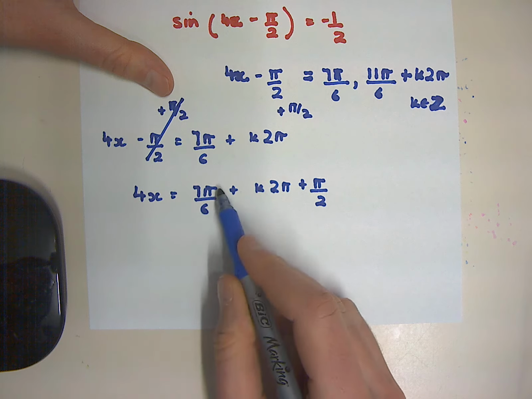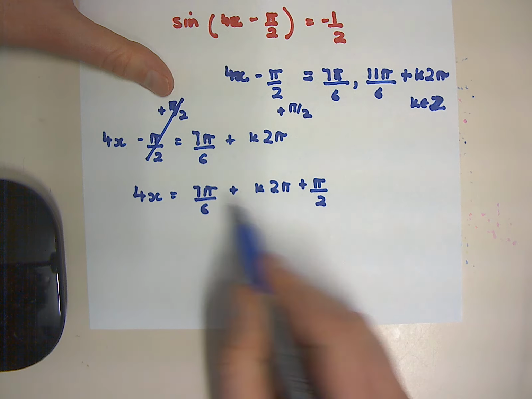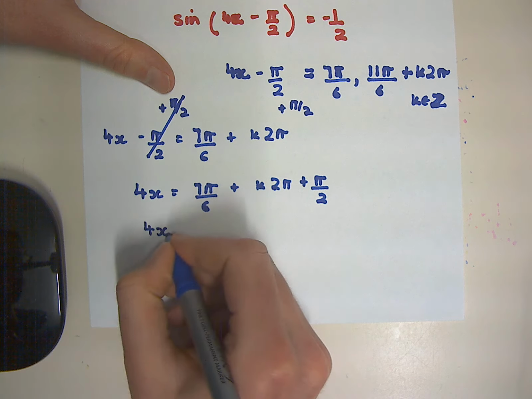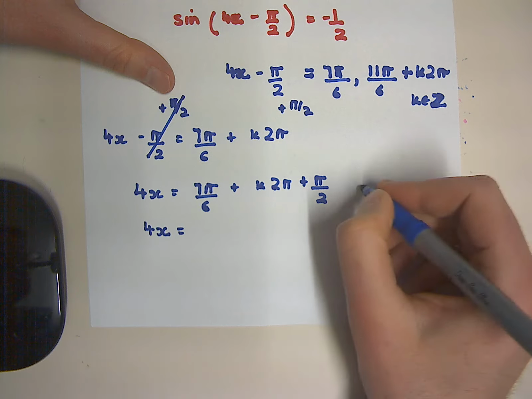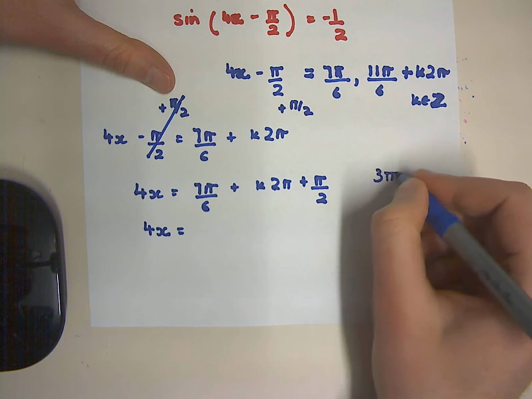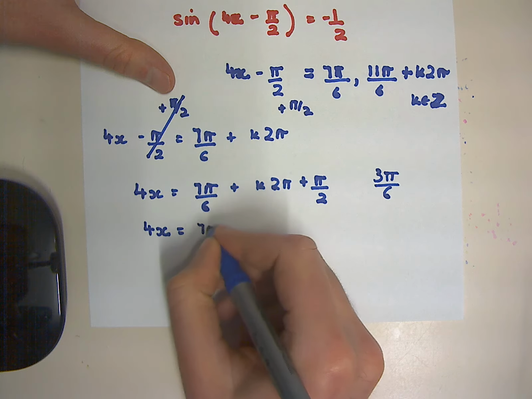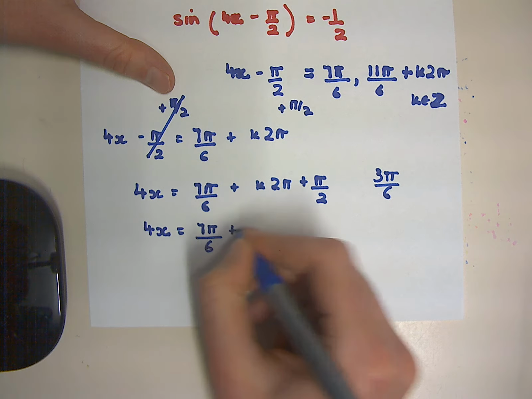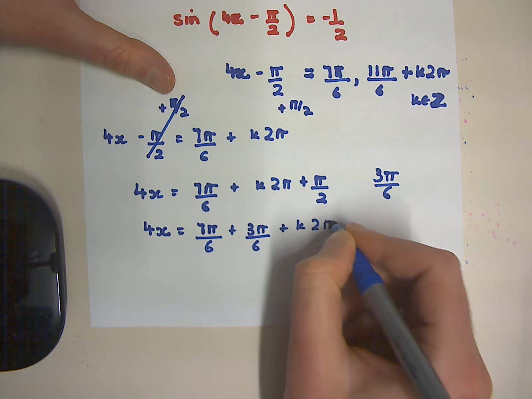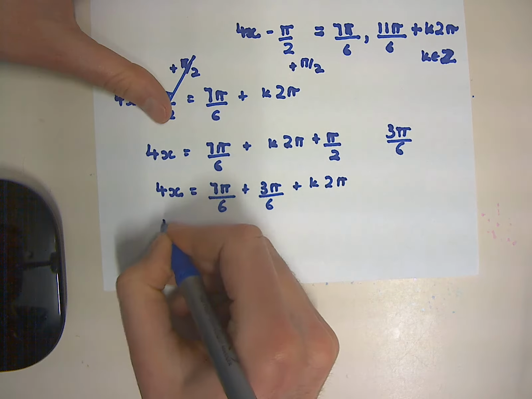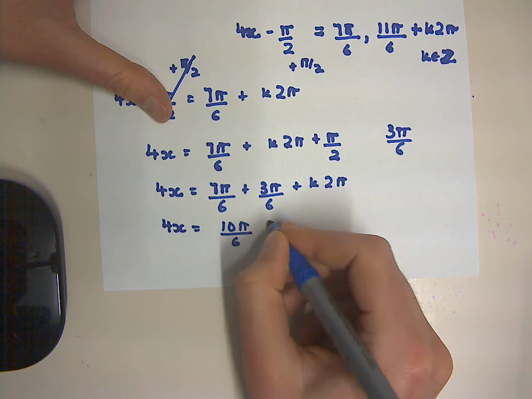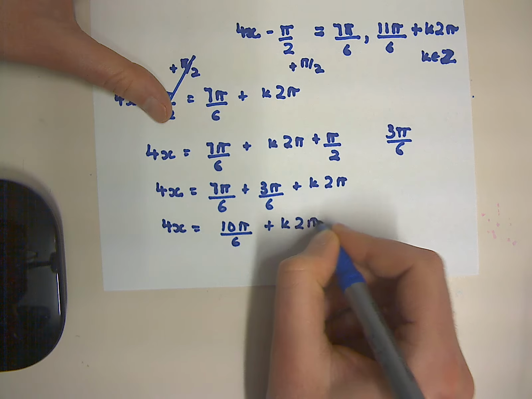But I can add this 7 pi on 6 and pi on 2. They're just numbers, so I can add those. And if I add those, 7 pi on 6 plus pi on 2 is 3 pi on 6. So it's going to be 7 pi on 6 plus 3 pi on 6 plus k2 pi. So that's 10 pi on 6. So 4x will equal 10 pi on 6 plus k2 pi.